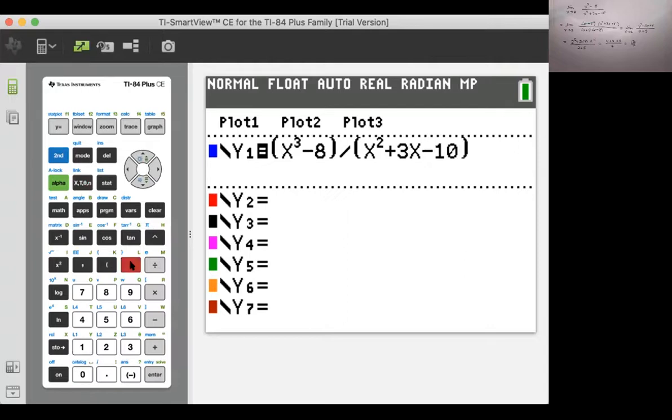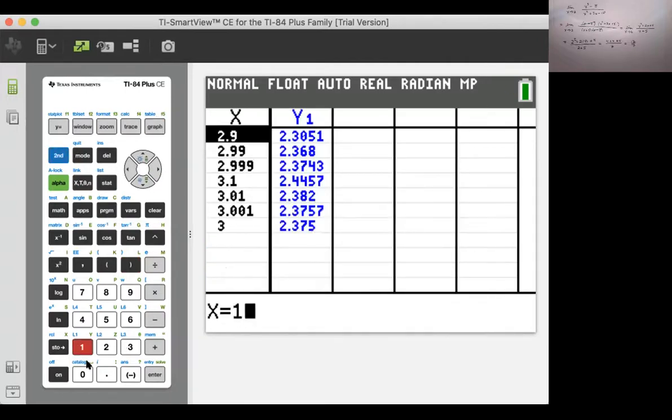And we want to see what happens as we get close to 2. So let me go to my table, close to 2: 1.9, 1.99, 1.999.